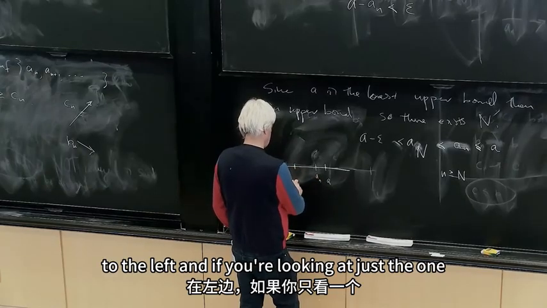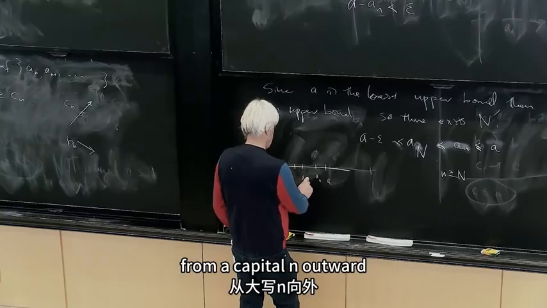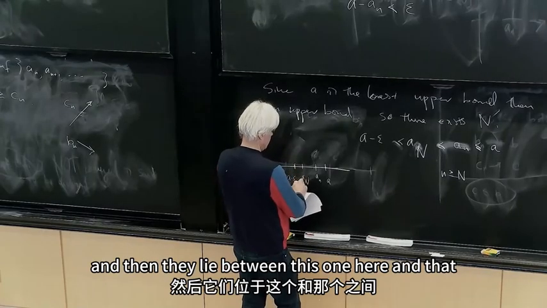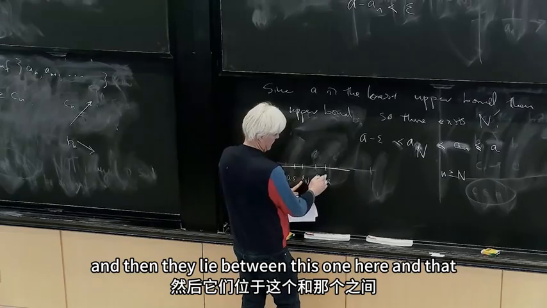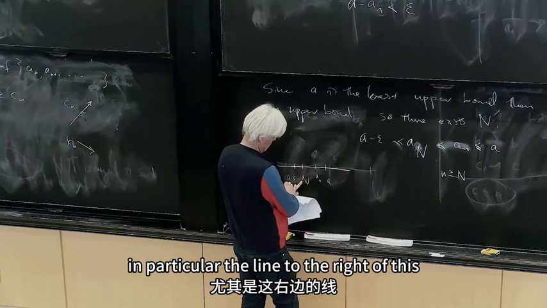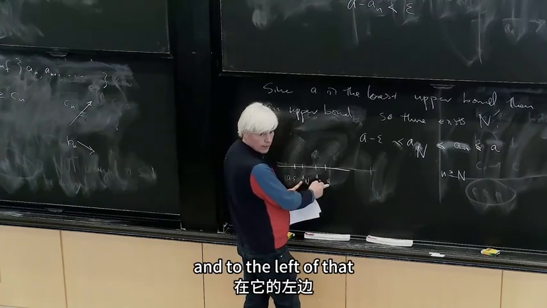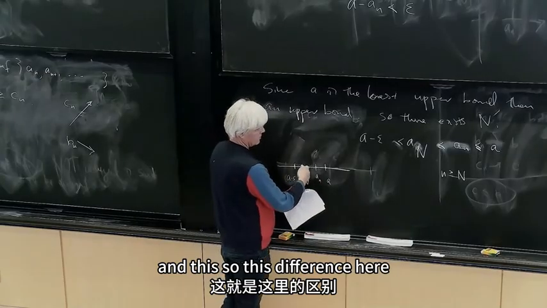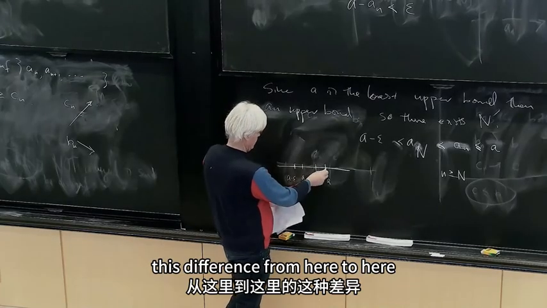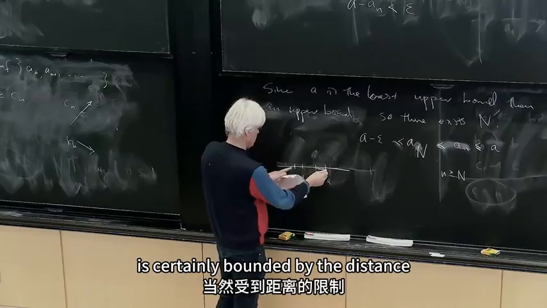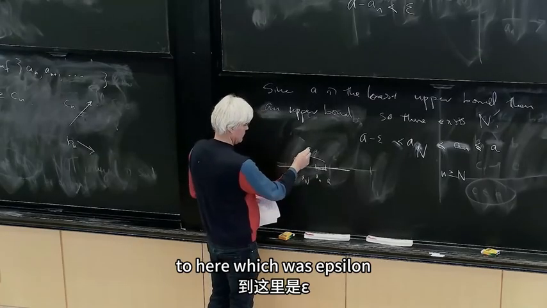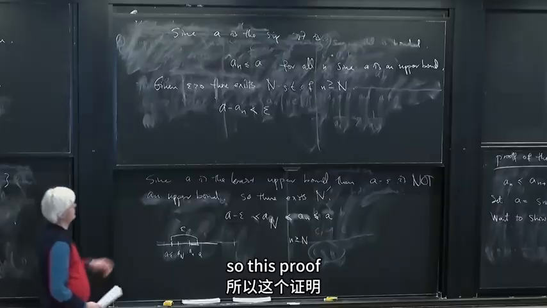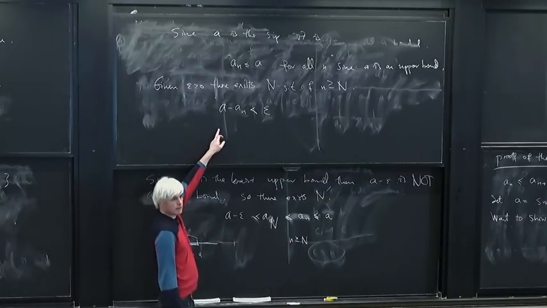If you're looking at just the ones from a_N outwards, then here you have A minus epsilon, and they lie to the right of this and to the left of that. So they're squeezed in this little interval, and the difference from here to here is certainly bounded by the distance to here, which was epsilon. So this proves that this thing here is less than epsilon.